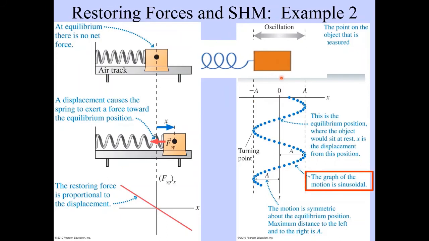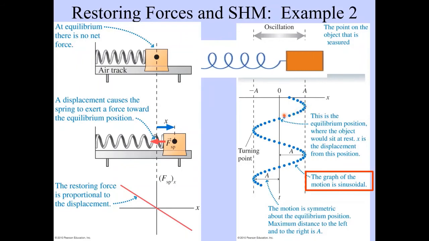Now, if we actually plot the exact position at every little instant of time, so this is time going down in the graph, all right? You can see the T down here. This is the time axis moving down, and then this is distance going back and forth horizontally in this graph. Each one of these points represents where the object is on the x-axis at each interval of time.